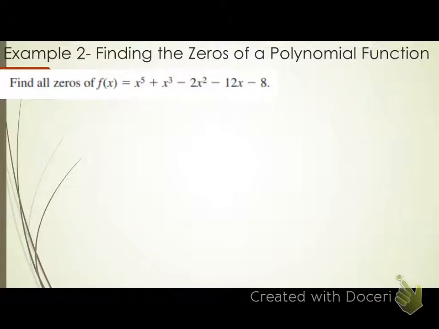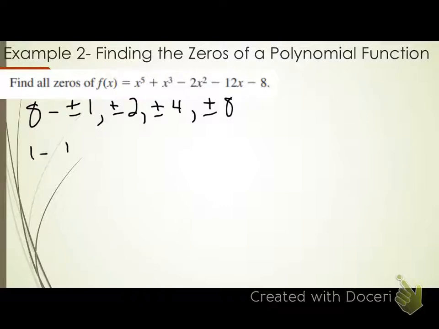So let's list factors of our constant term. Factors of 8 would be plus or minus 1, 2, 4, and 8. And now I need to list factors of my leading coefficient, which is 1, so it would be plus or minus 1.